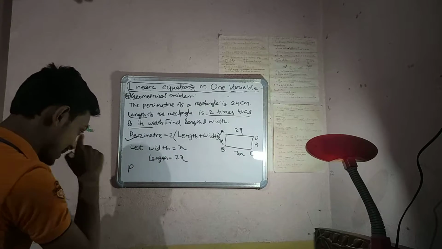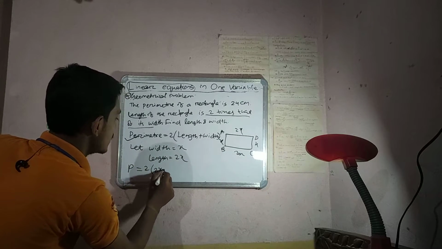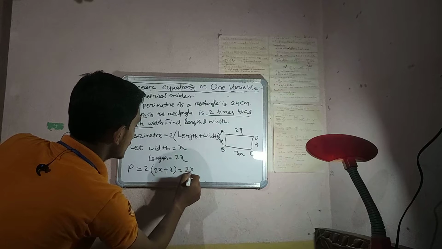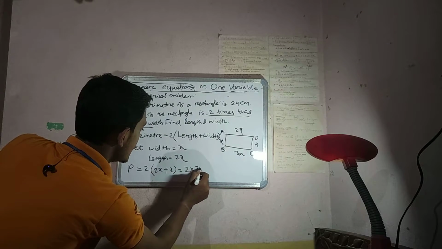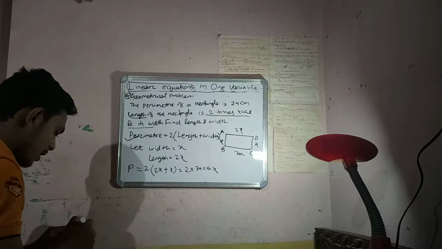Okay. In terms of perimeter, let perimeter be P. Let P is equal to 2 multiplied with length, 2x, plus width, x. That is 2 multiplied with 2x plus x. That is 3x. That is 6x.